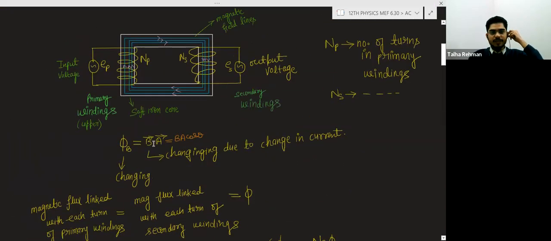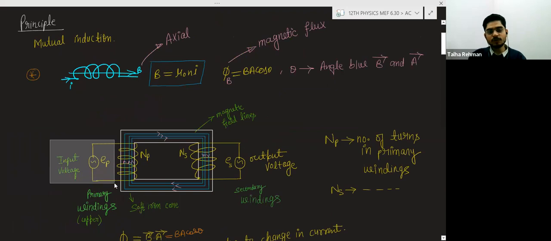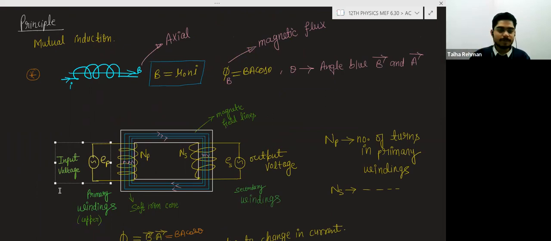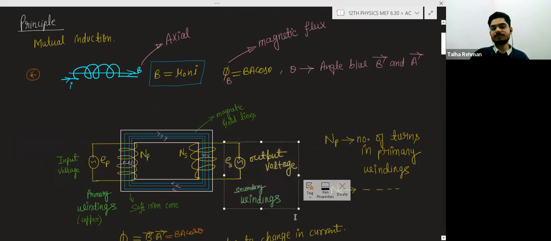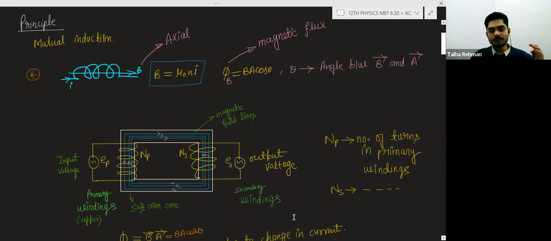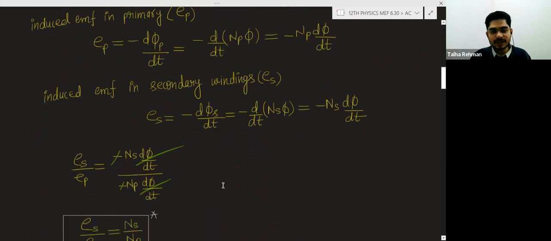Basically, you are applying some input voltage, supplying some electrical power to the transformer, and here you are getting some electrical power. If the power you have supplied is equal to the power you are getting at the output, then you can say your transformer is 100% efficient.